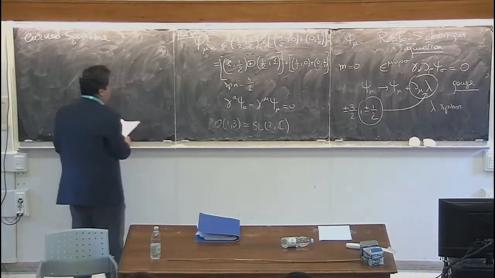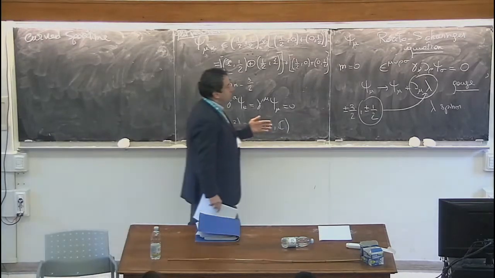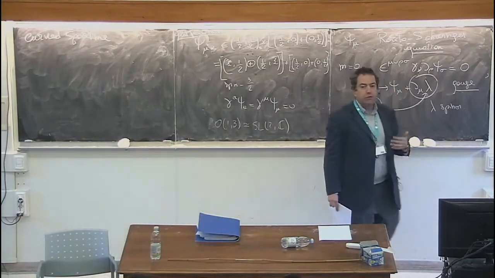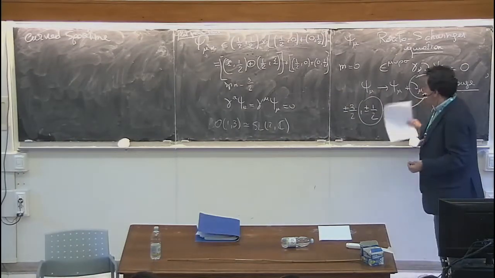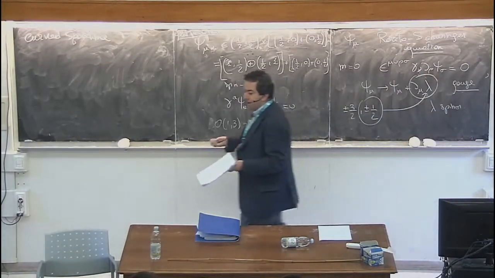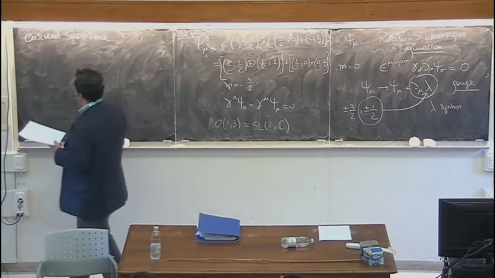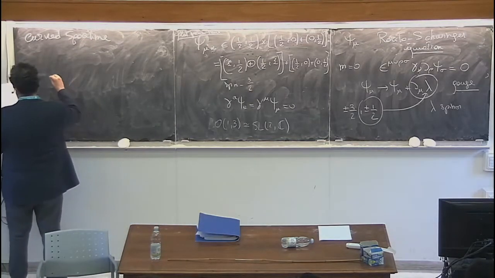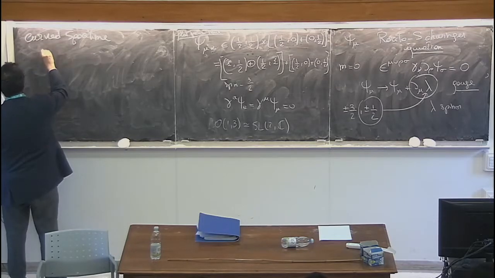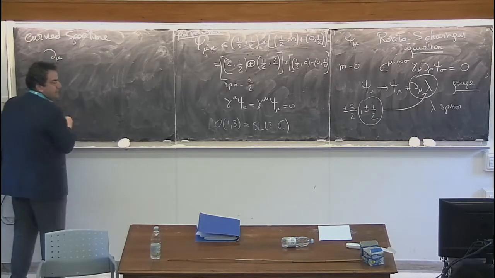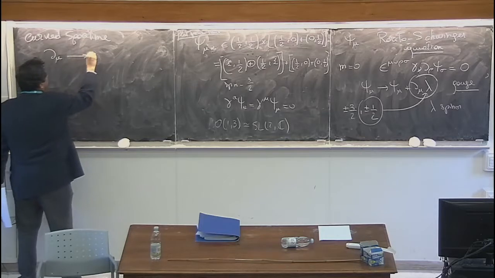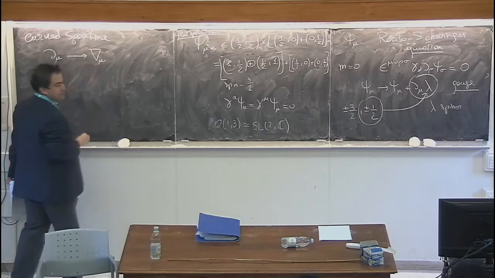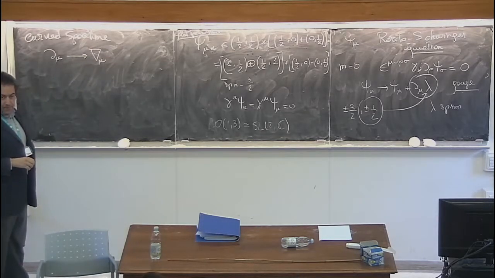Okay, how do we adapt this description to a curved space? Simply by making it invariant under generalized coordinate transformations, and this is done by promoting ordinary derivatives to covariant derivatives. Okay?